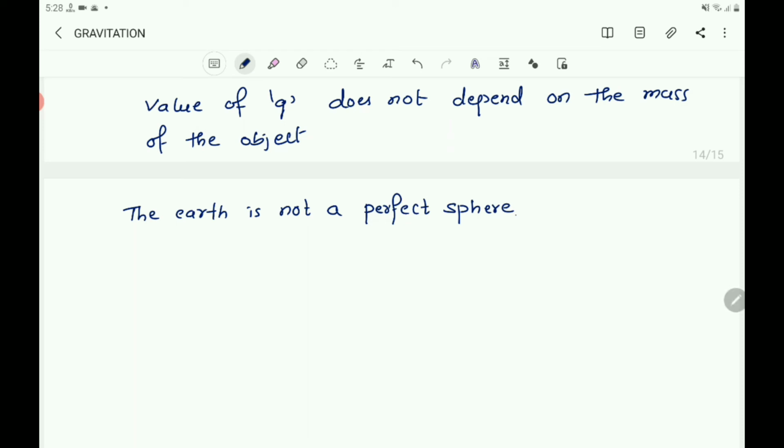As the radius of the earth increases from the poles to the equator, the value of g becomes greater at the poles than at the equator.